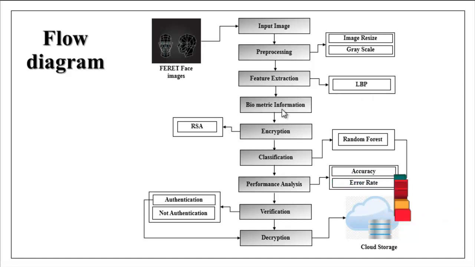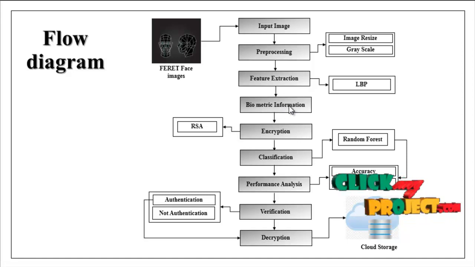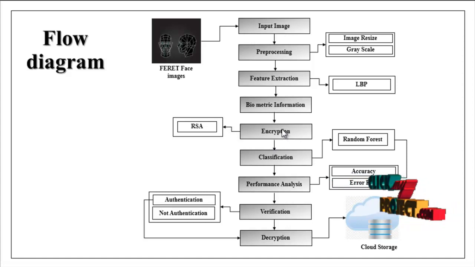Then biometric information. Here we extract the biometric information such as the person name, age, sex, whatever it is, from the corresponding input image. Then encryption. Here we encrypt the extracted biometric information by using RSA.